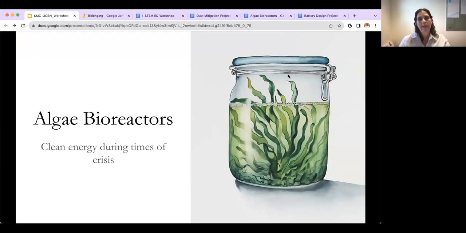So one example that I'd like to start off with is the idea of an algae bioreactor. What has been proposed in the past is a widespread idea that using algae to create clean, efficient fuel might be good in times of crisis, particularly in developing nations where they don't have access to the supplies and the technology that you would need for clean, safe fuel if, for instance, power was out.